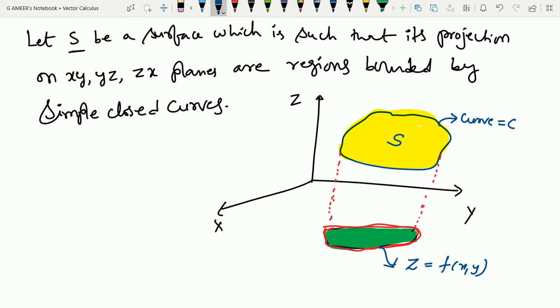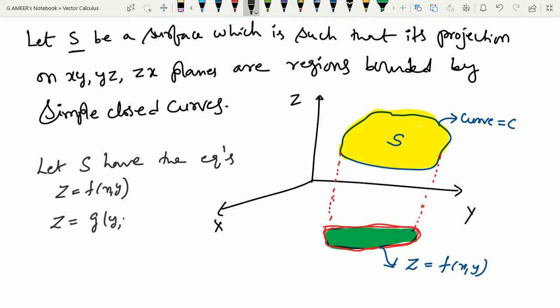Okay, so that means let S have the equations z is equal to f of xy, or otherwise x is equal to g of yz, or otherwise y is equal to h of zx, where f, g, h are single valued, continuous and differentiable functions. Okay, so these are the equations. So either this or this.